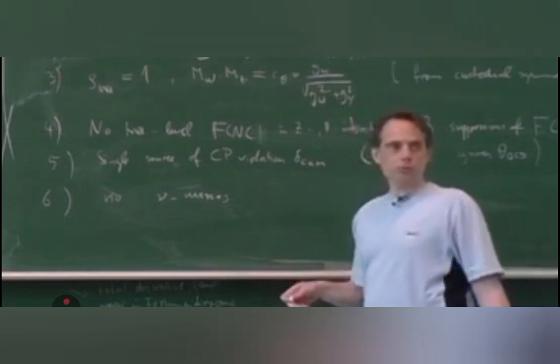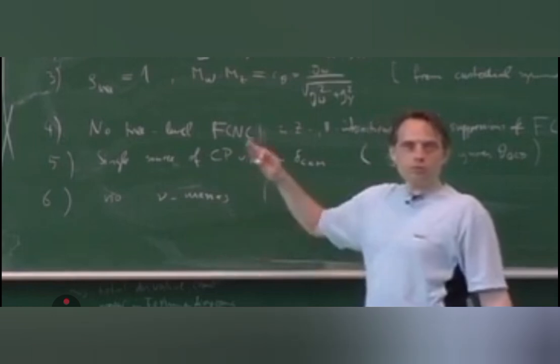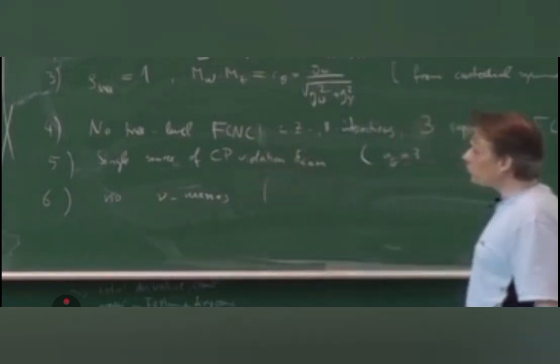But what is interesting in this connection is that at the dimension 5 operator level, there would be a single dimension 5 operator which would generate Majorana neutrino masses.